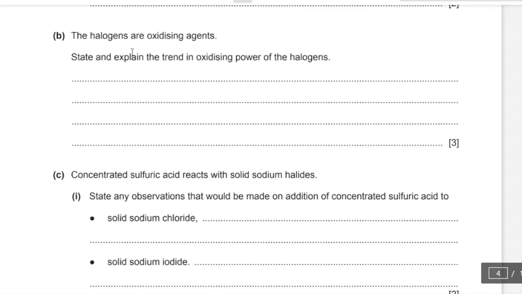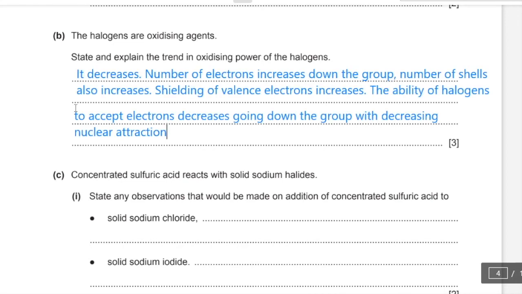And that is why the strength of halogens as oxidizing agents decreases down the group, because the number of electrons increases, the shielding effect on valence electrons increases, the nuclear attraction for valence electrons decreases, and therefore it becomes harder and harder to gain electrons or get reduced, in other words.